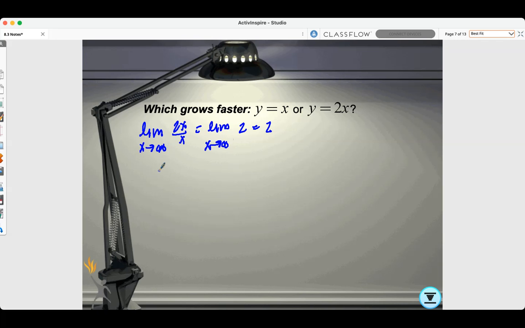So y equals x and y equals 2x grow at the same rate, because the limit of 2x over x is L. It is some number and it does not equal 0.